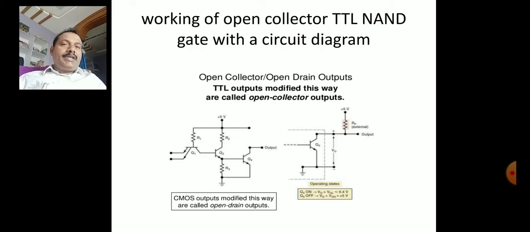Thus it is seen that if any or all inputs are at logic 0, then the output is at logic 1. And if all the inputs are at logic 1, the output is at logic 0. This is the function of a NAND gate.